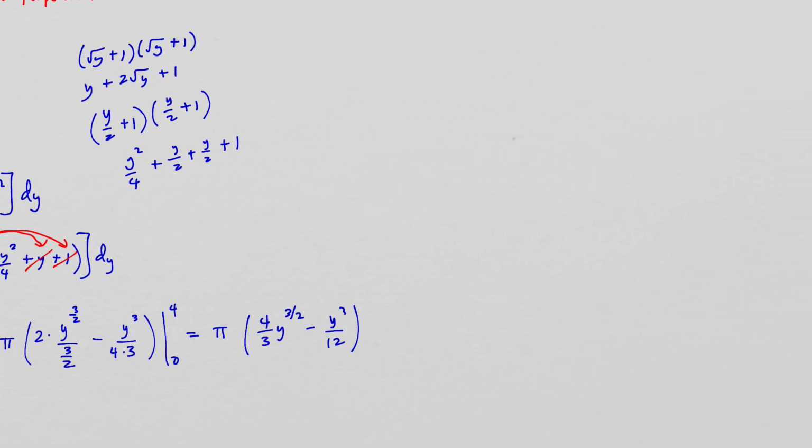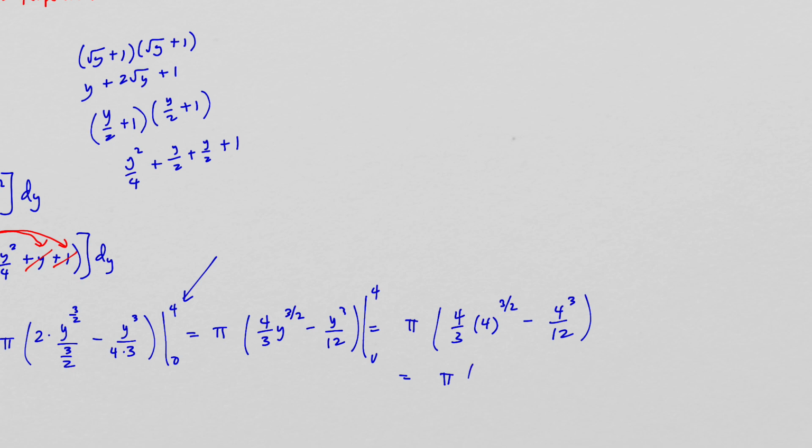And now we are going to plug in the upper limit. We do not have to plug in the lower limit because when you plug in 0, you get 0. So let's plug in the upper limit, which is 4. We get pi times 4/3 times 4 to the 3/2 minus 4 cubed over 12. And this is pi times 4/3 times 4 to the 3/2, which is 8, and then 4 cubed is 64 over 12.